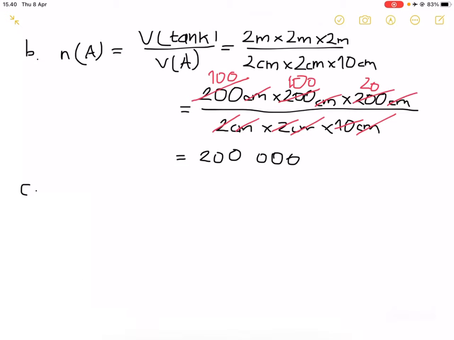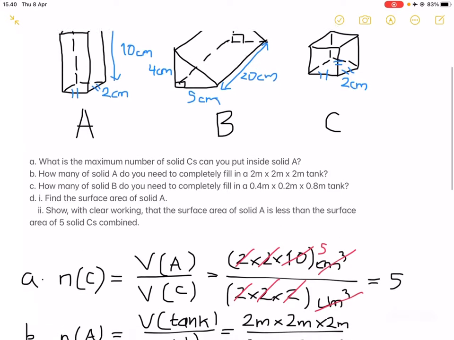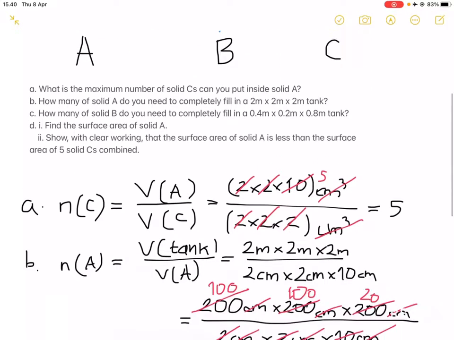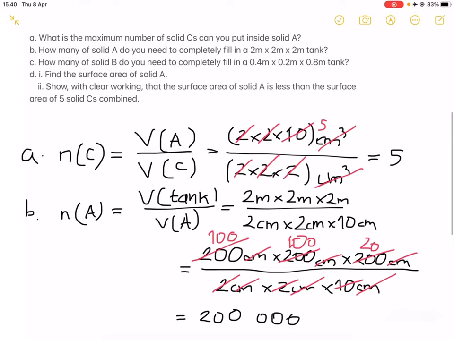Alright, for part C, we need to find the amount of solid B's you need to completely fill in a 0.4 meters times 0.2 meters times 0.8 meters tank.